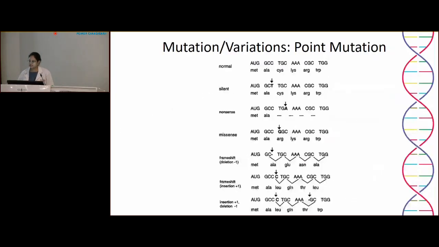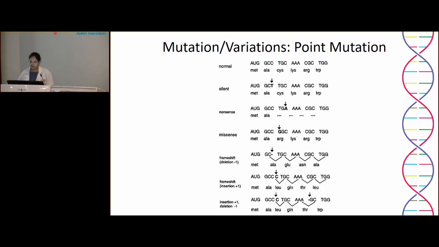So just to revise a few terminologies on point mutation or single nucleotide variation, as we very frequently come across these in various sequencing reports. So we call it silent mutation when there is a change in the nucleotide but the amino acid is not changed. We call it nonsense mutation when the change in nucleotide results in the creation of a stop codon which terminates the protein abruptly.